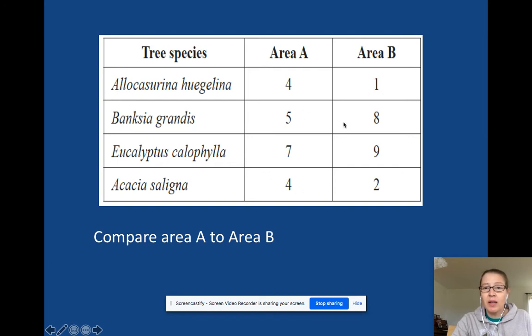So you can see it looks like area A, the spread of how many species there are, or how big the populations are, is a lot more even here in area A than it is in area B, where there's a lot more skew in these middle 2 individuals. So if we were to compare area A to B, we would compare the richness, we would compare the evenness, and we would also then compare the biodiversity index.